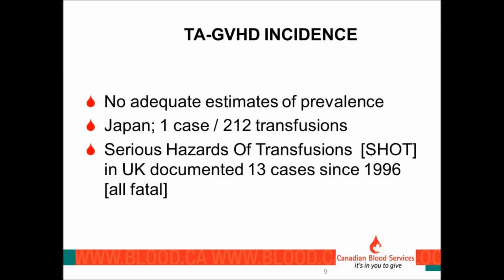In Britain, they've had a very good surveillance program, SHOT, Serious Hazards of Transfusion, which has documented 13 cases since 1996, all of which were fatal. Neither Canada nor the US has great data on our risks of transfusion-associated graft versus host disease.